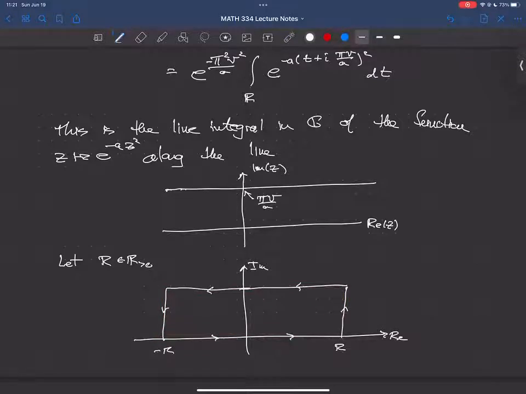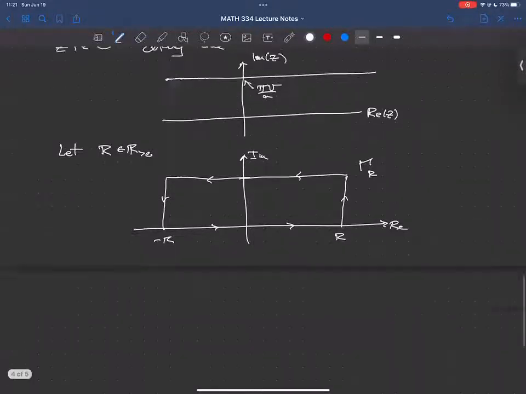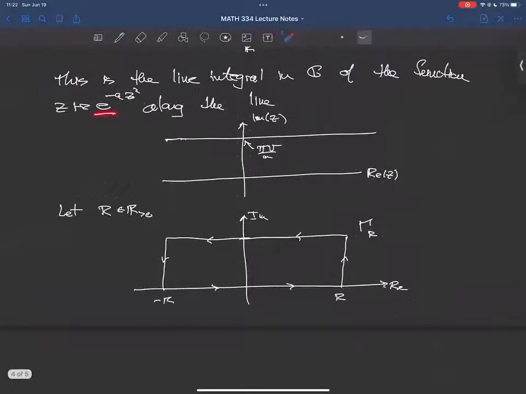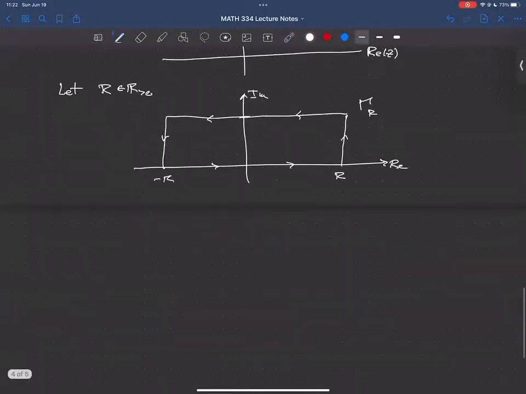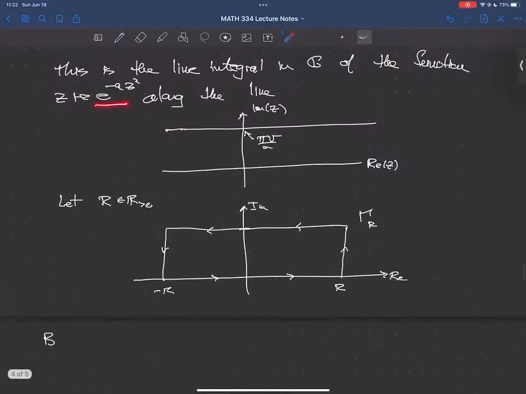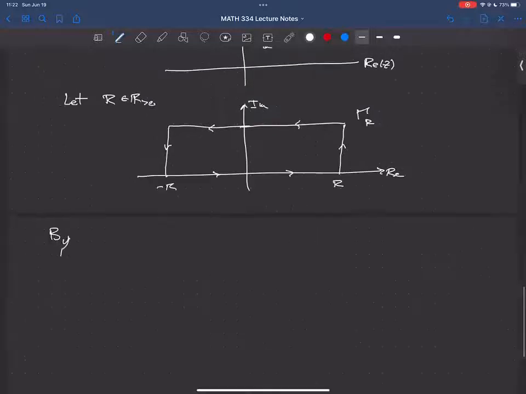And let me call this thing gamma R. Okay, so then, all right, so the first thing I notice is that if I'm going to do the integral of this function around this contour, the result will necessarily be 0 by Cauchy's theorem, because this function is holomorphic.